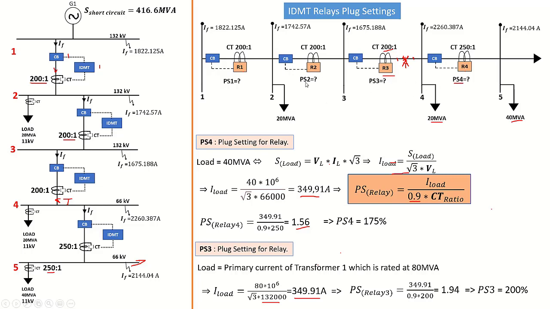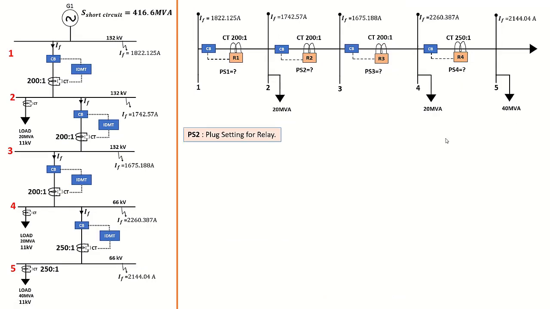Now we have found the plug setting for relay 3 and relay 4. The next thing to do is the plug setting for relay 2. Once again, relay 2 is only going to see the load current as the primary current flowing down to the primary of this transformer, which is located here. So relay 2 sees exactly the same current flowing down to that transformer.